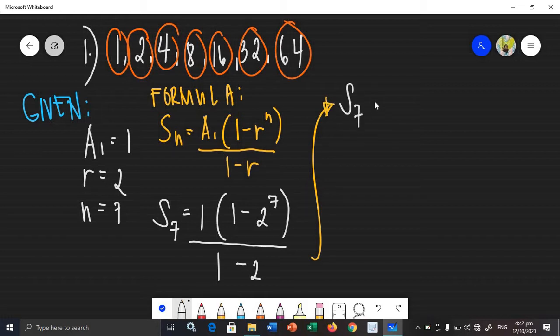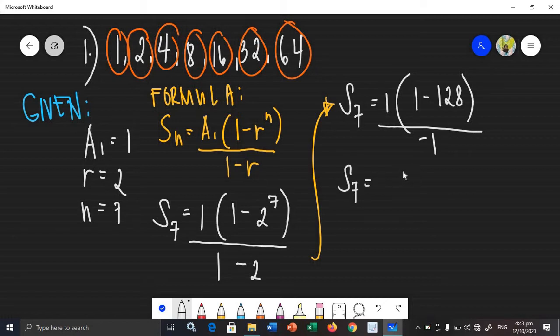So, S sub 7 is equal to 1 times the quantity 1 minus 2 raised to 7, the answer is 128, all over 1 minus 2, the answer is negative 1. So, S sub 7 is equal to 1 times the quantity 1 minus 128, the answer is negative 127, all over negative 1.